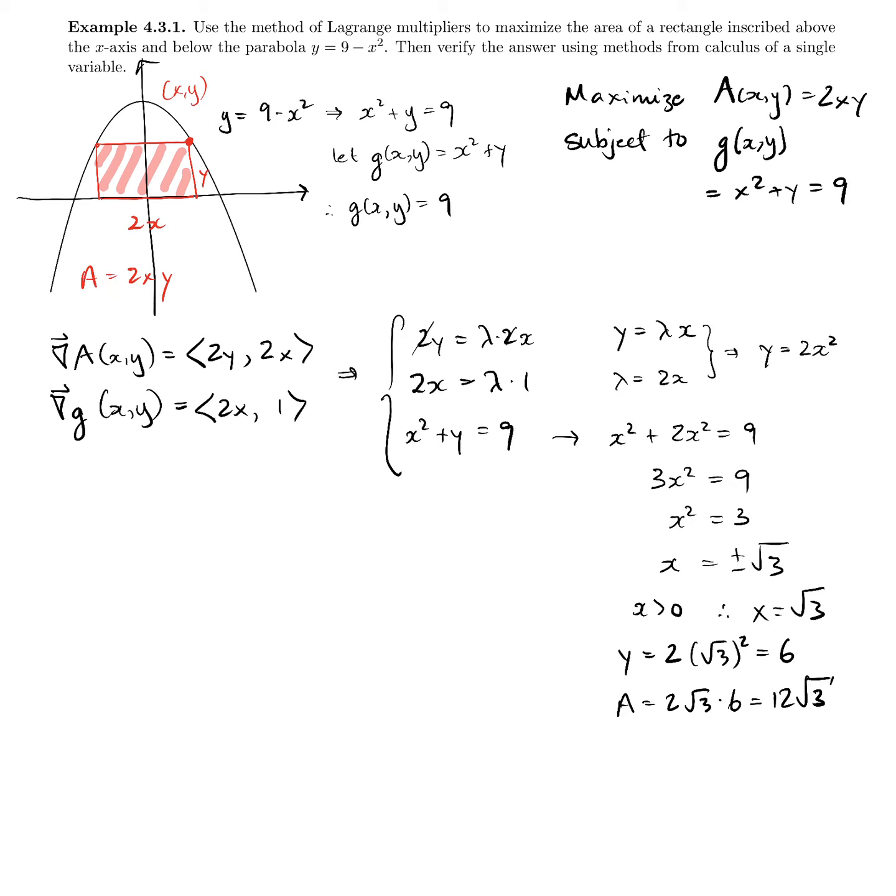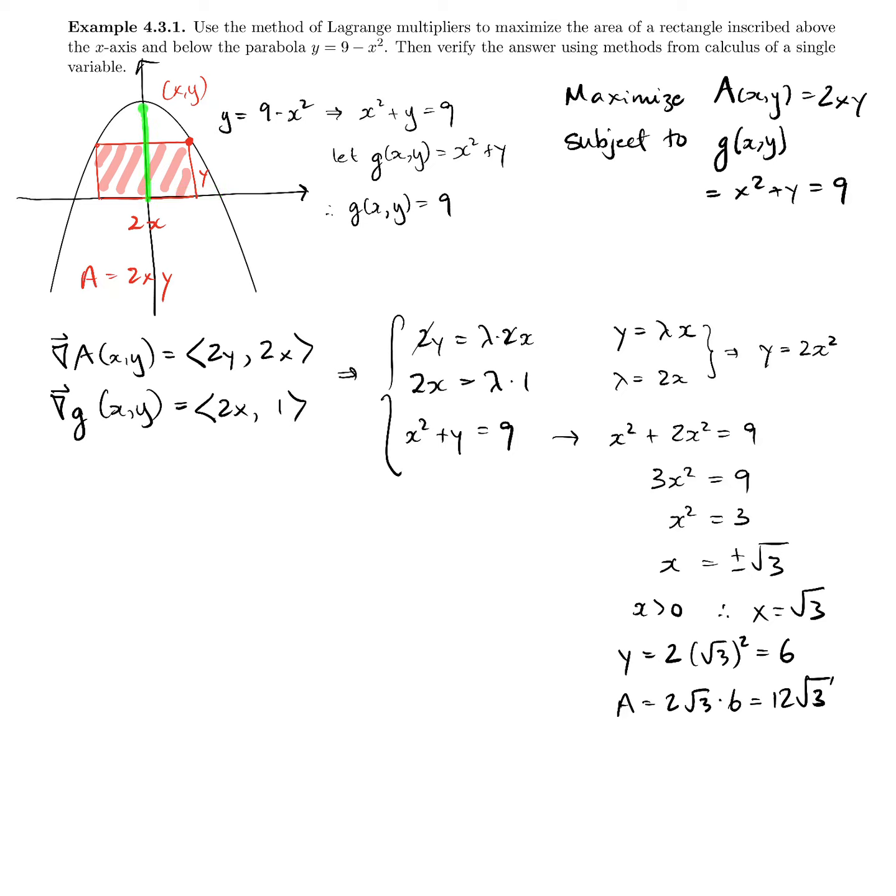Now, we really should prove that this is a maximum value, but if we take a look geometrically here, the x has to go on this side of the parabola, and so obviously rectangles drawn down here will be smaller.